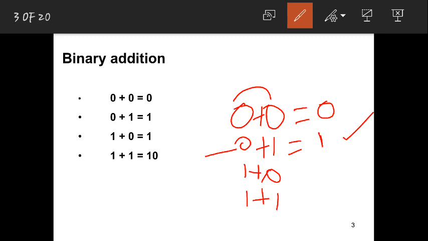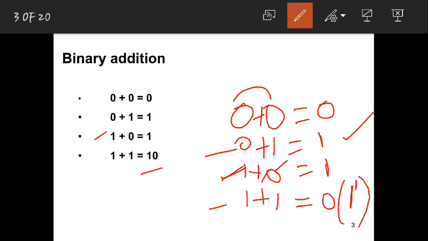And 1 with 0, I get the same, that is 1. I am adding binary 1 with binary 0 here as shown. Next, when I add 1 plus 1, the result I get is 0 with carry 1. Okay, there will be a carry over here.